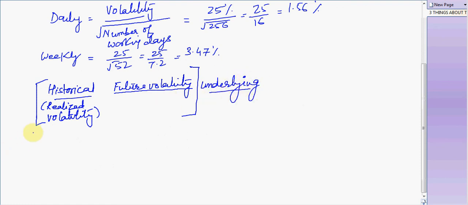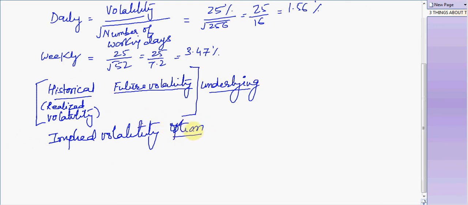But when you're doing option trading, you will frequently come across the term implied volatility. This implied volatility is the volatility associated with an option.